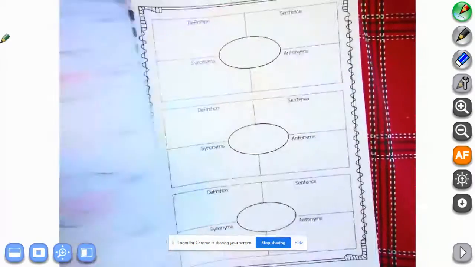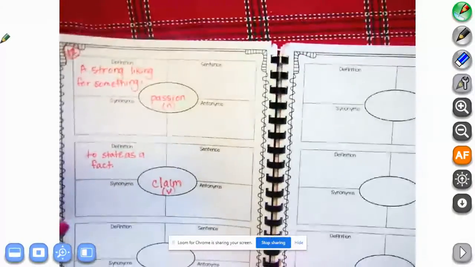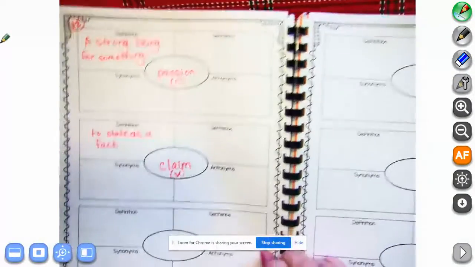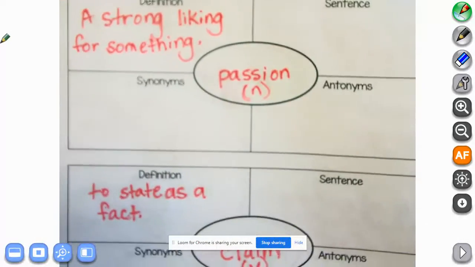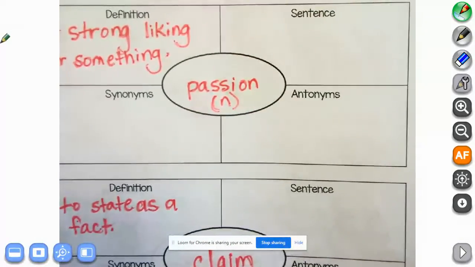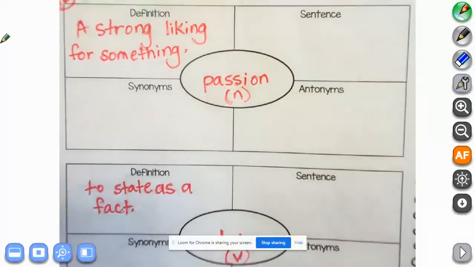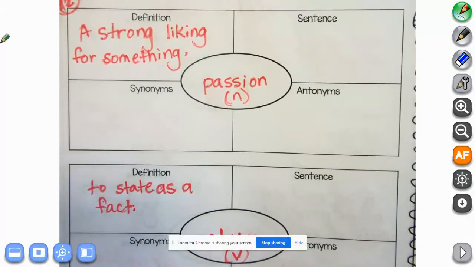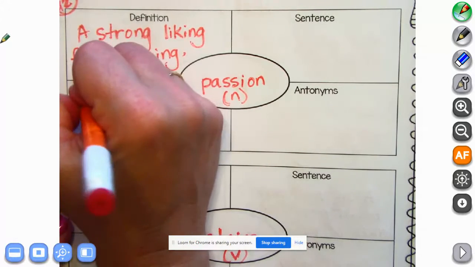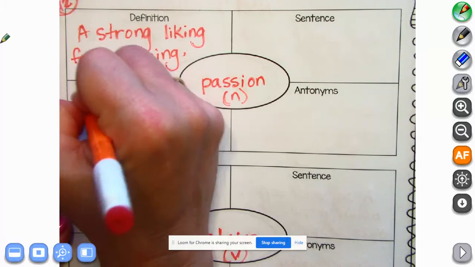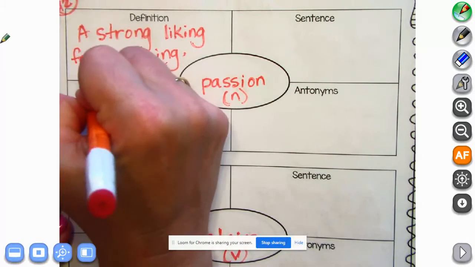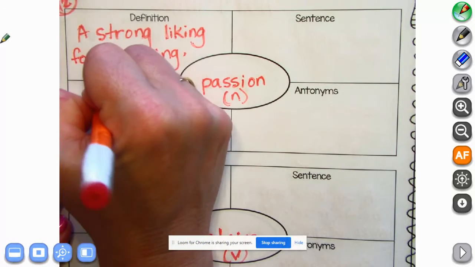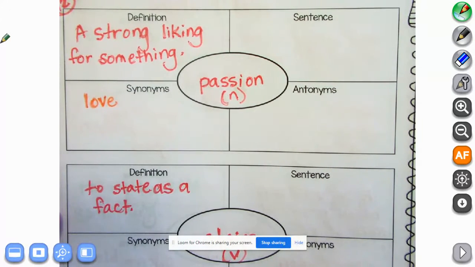We're going to go to page 12 now. Onto the word passion. A strong liking for something. Passion. Get close here. Okay. That might be too close, right? Okay, there we go. Passion is like love. Some people have a passion for soccer. They love it. I think it's just the best.